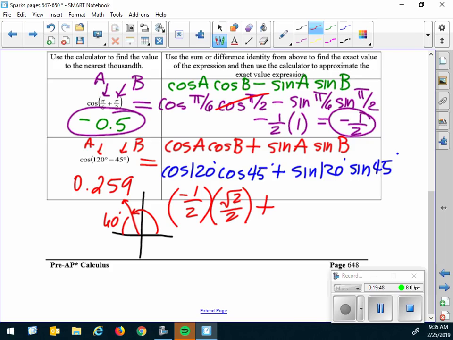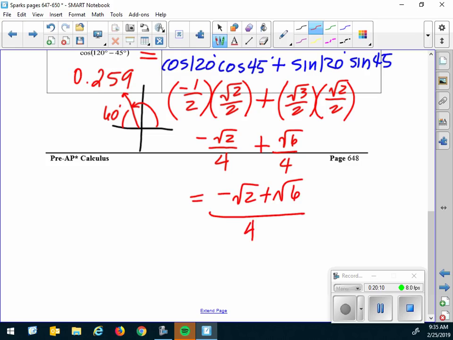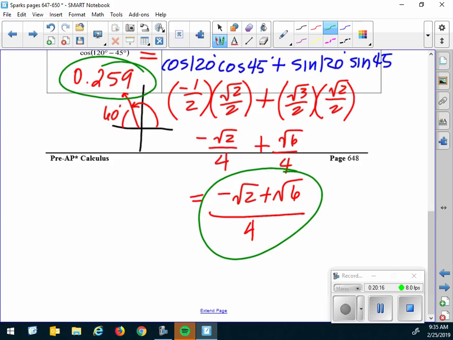In quadrant 2, it's still positive. Square root of 3 over 2 times the sine of 45 degrees is square root of 2 over 2. So let's see, what do we get? We get negative square root 2 over 4 plus square root of 6 over 4, which equals negative root 2 plus root 6 all over 4. Take just a minute, put that in your calculator, make sure it equals this. Hope you're doing okay so far.